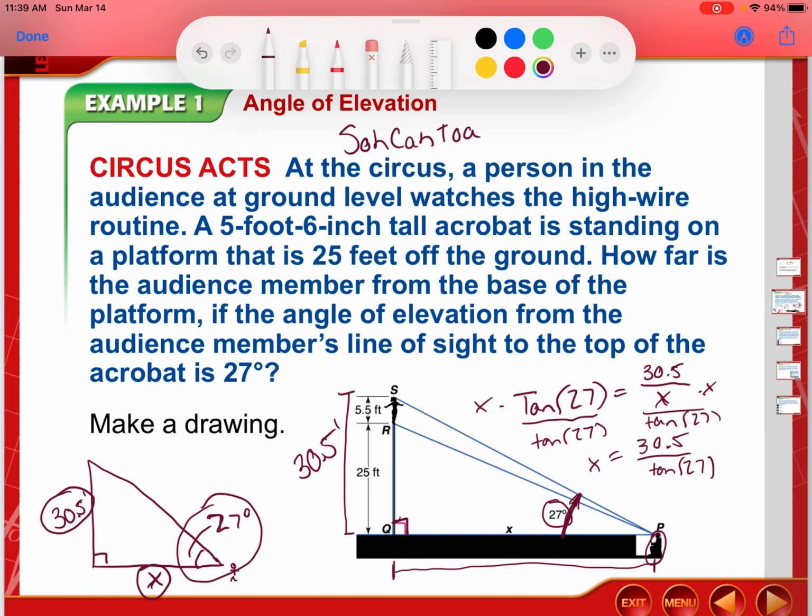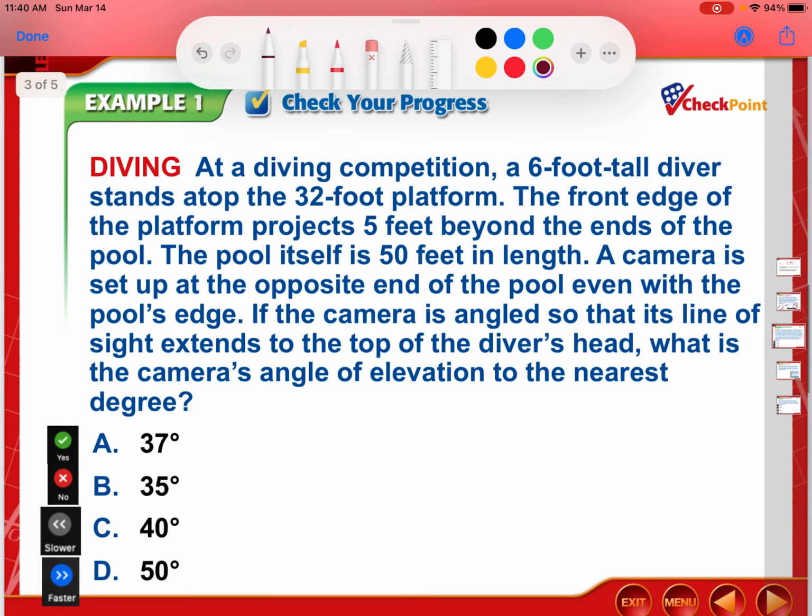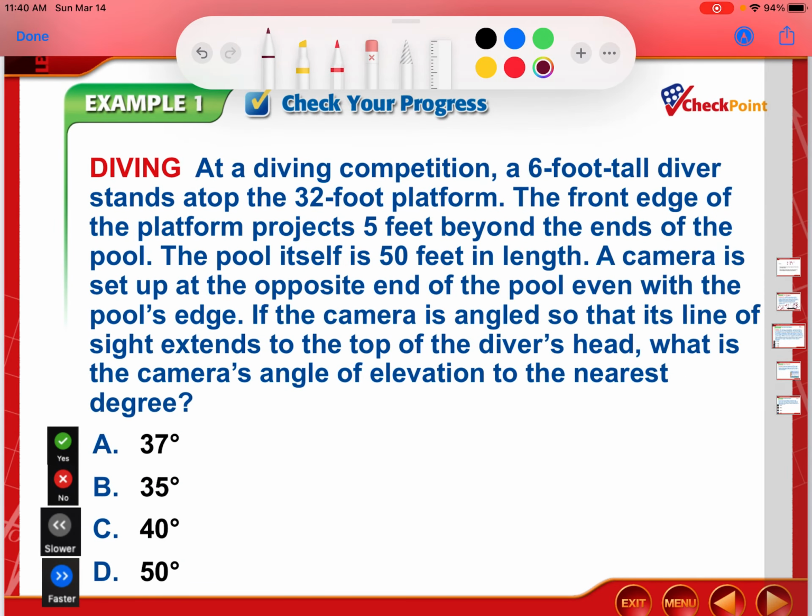Then do a little punchy punch in the calculator. 30.5 divided by tangent 27 equals, and we'll round and say about 59.9 feet. All right. So we draw the picture, we label the picture, we decide what we need to use from SOHCAHTOA, and then we do some solve-y-solve.